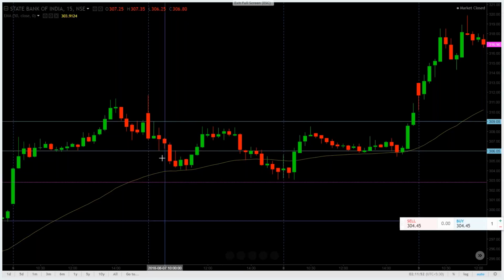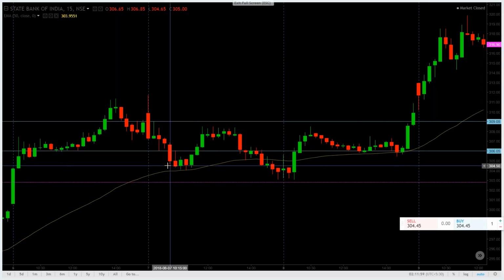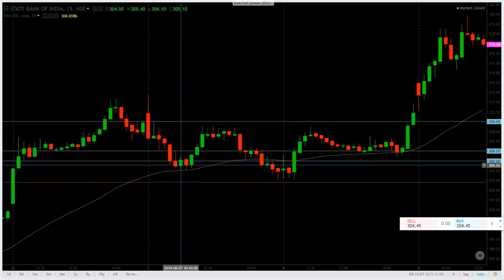Your first order is going to be with target 1. So your target 1 is going to be of 1 rupee. In that case, if 306.05 is your entry price, then somewhere around here is going to be your target 1.